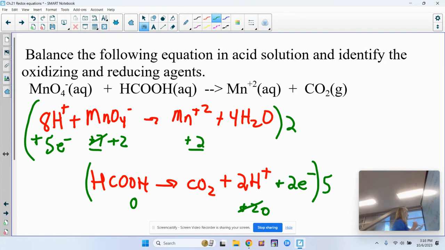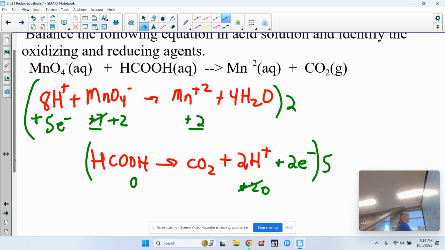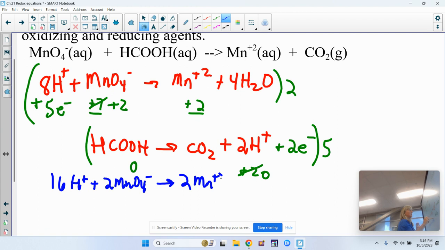So now I'm going to rewrite that right underneath it. I'm going to do it in blue. I like to rewrite it when both of them are getting multiplied by numbers before I put them together. Okay, so multiplying that one by 2 would have given me 16 H+ for the top one, plus 2 MnO4-, goes to 2 Mn2+ plus 8 waters.